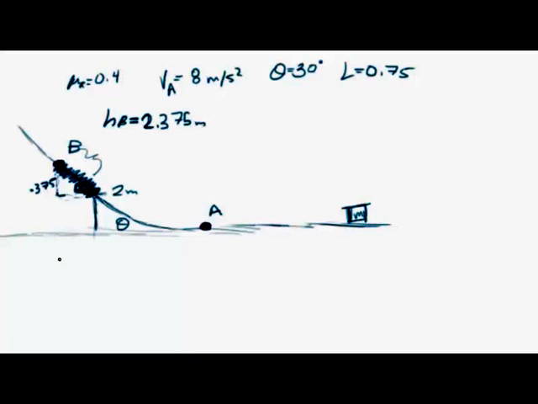So the kinetic energy at B, assuming it's still moving, is 1/2 m vb squared, plus the potential, which is mgh, the height of B, and that's equal to the kinetic energy at A, 1/2 m va squared, minus the work done by friction, which is the force of friction times the distance. That's L, so we plug in L for the distance here.